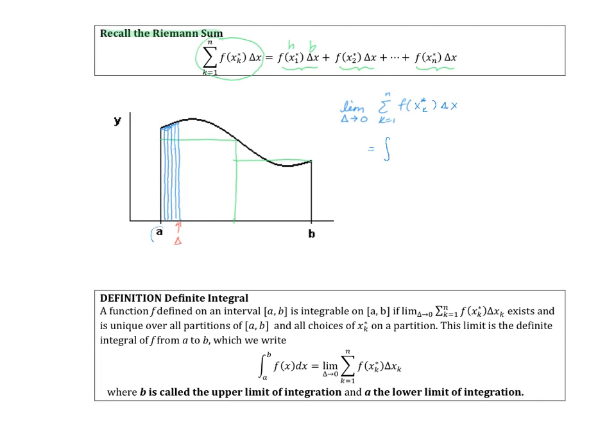Now I'm summing from a to b, so I'm going to put the interval that I'm summing on. This integral symbol says I'm going to sum from a to b all the rectangles with f of x. So I don't need all that x sub k star, f of x, which would be the height.